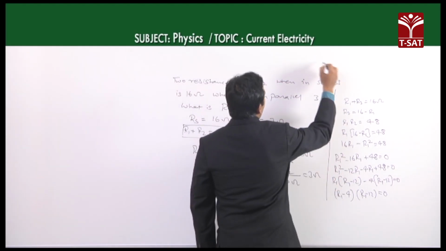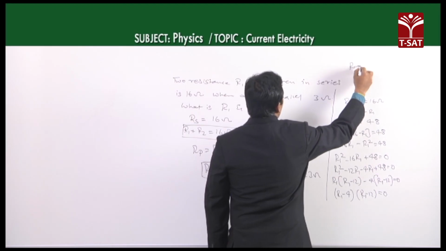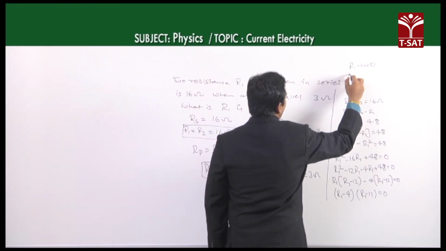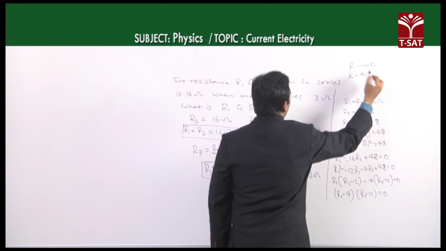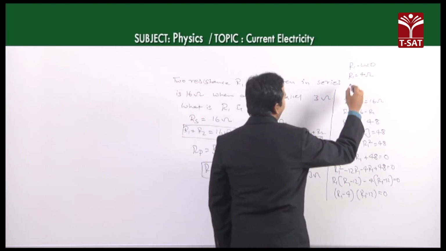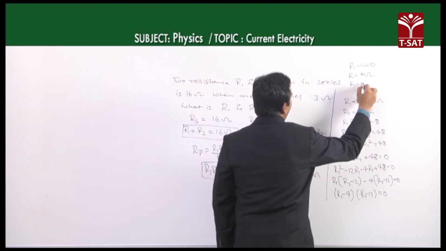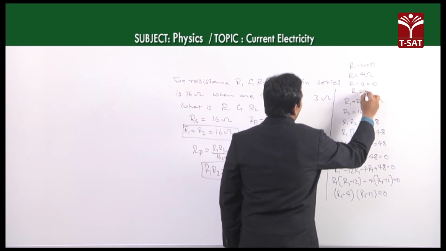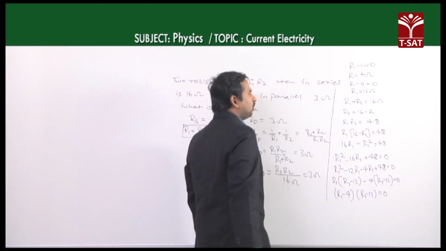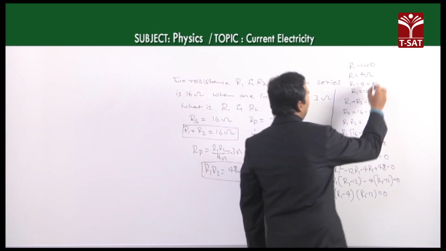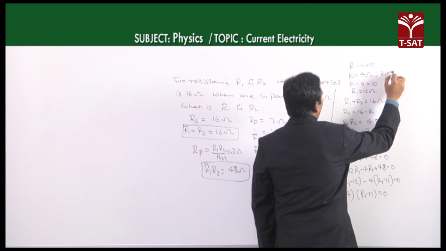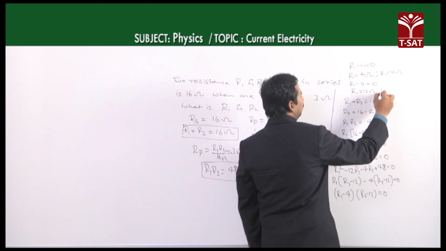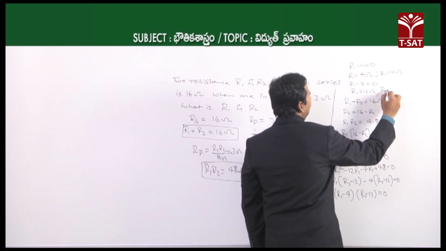Finally we got R1 minus 4 is equal to 0, which gives R1 as 4 ohms, and R1 minus 12 is equal to 0, which gives R1 as 12 ohms. When R1 is equal to 4 ohms, obviously R2 becomes 12 ohms. If R1 is 12 ohms, then R2 becomes 4 ohms.